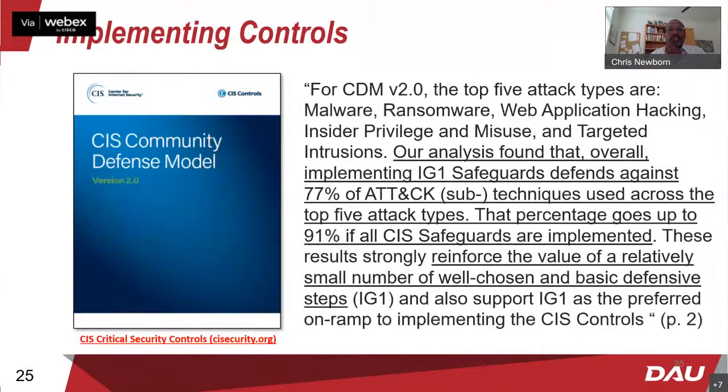So one of the things that I really want to bring out, and again, it gets back into what Bob was talking about, is the 5 attack types which he mentioned. He said ransomware, but also there's malware, web application hacking, insider privilege, and misuse.